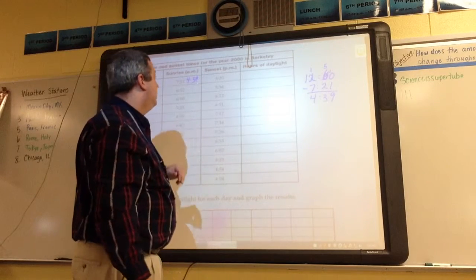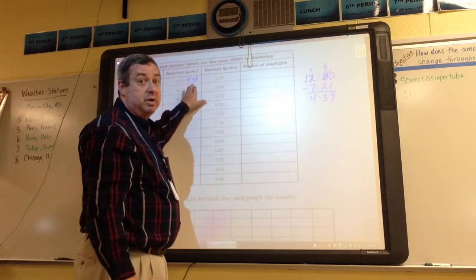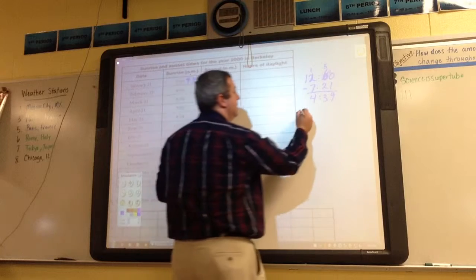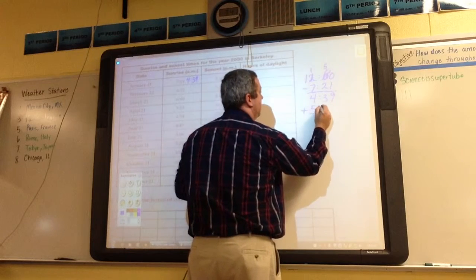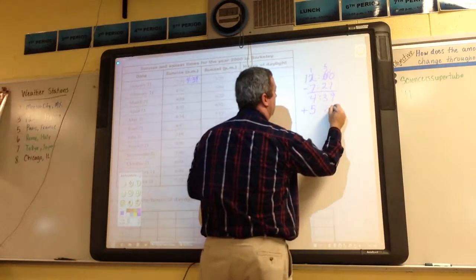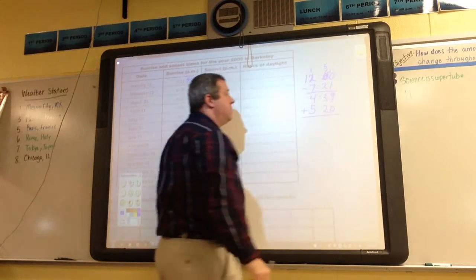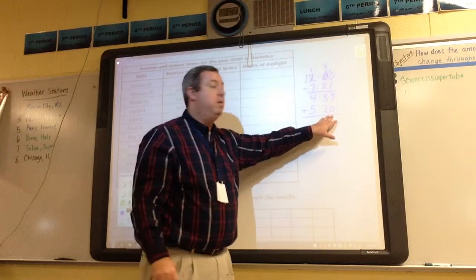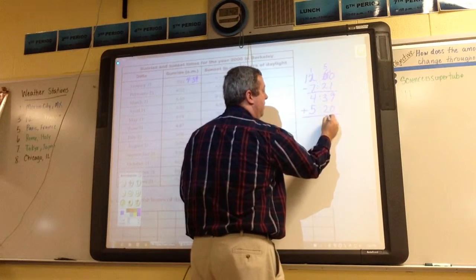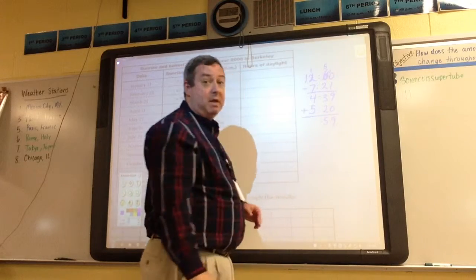Now, our next step is to add the 4 hours and 39 minutes to our 5 hours and 20 minutes of PM daylight. Okay, 9 plus 0 is 9. 3 plus 2 is 5. That gives us 59 minutes.